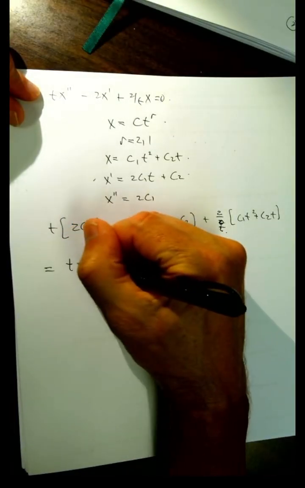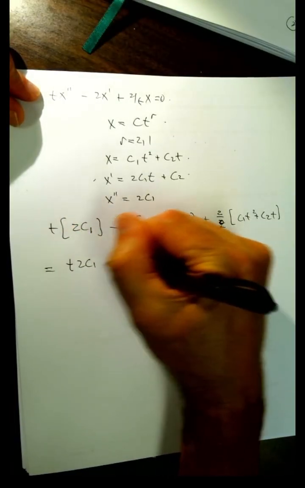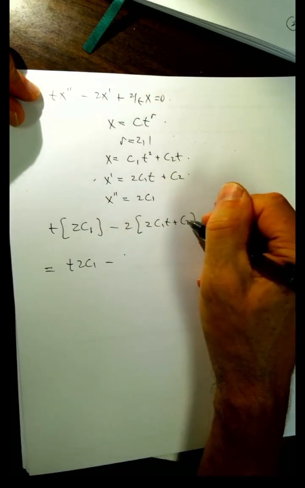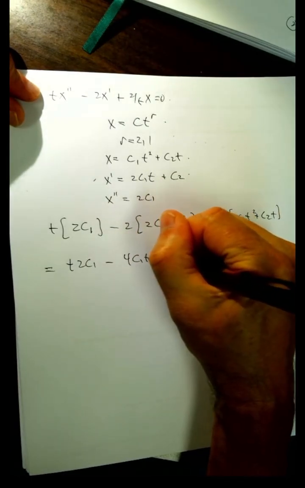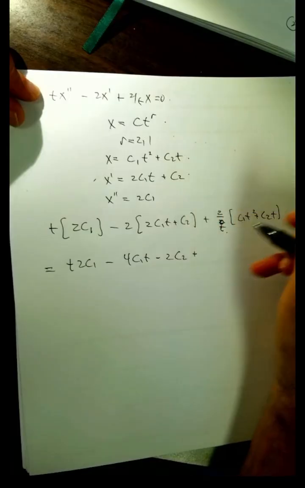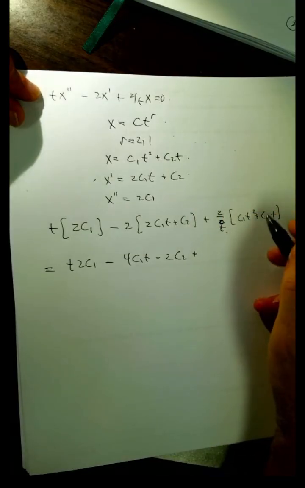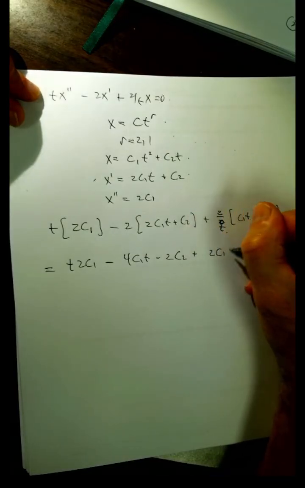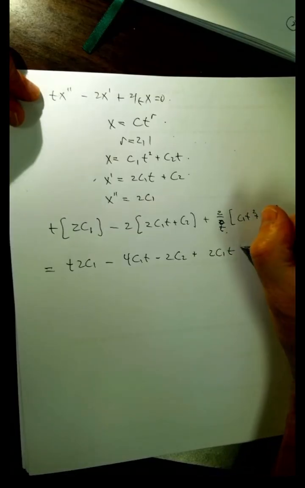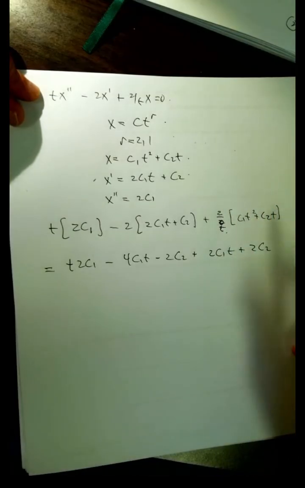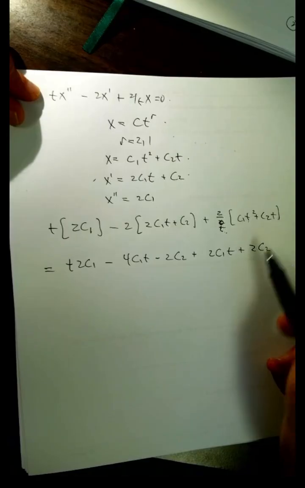So this is t times 2c1. Multiplying this 2 through, I get 4c1 t minus 2c2. Multiplying through by the 2 over t, I'm going to get 2c1 t plus 2c2. So that t cancels and that t cancels.